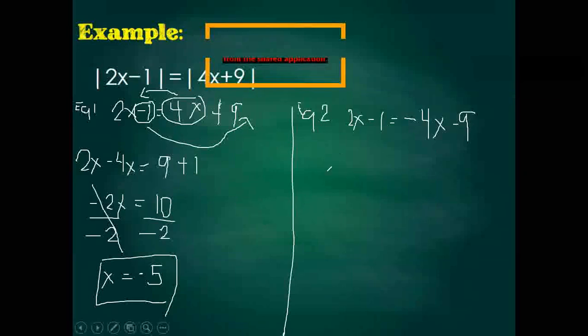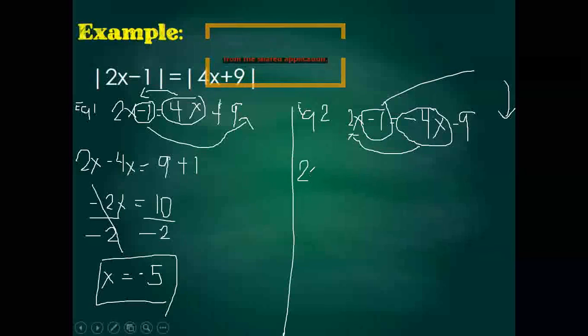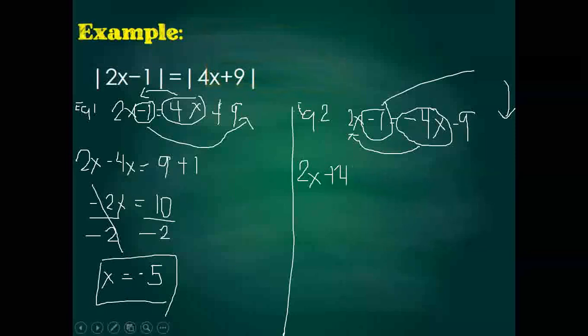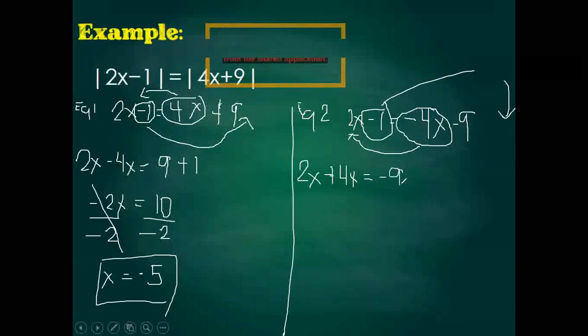Next, equation number 2. Okay, find the value of x. Negative 1 transposed to the other side. Negative 4x transposed to the other side. So 2x, negative 4x transposed to the other side will be positive 4x equals negative 9 plus 1.